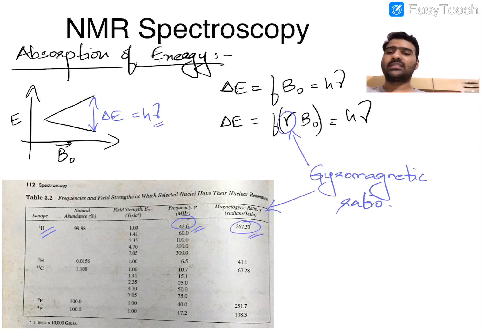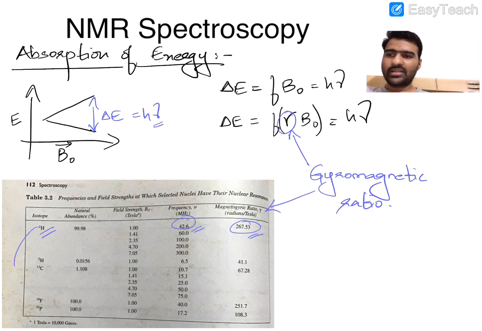So you could express it in frequency units, or in radians per Tesla, and it has a very high value, indicative of the fact that when you apply an external magnetic field to a proton, it results in a large separation between the ground state and the excited state.